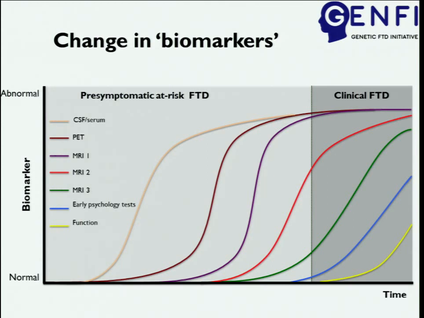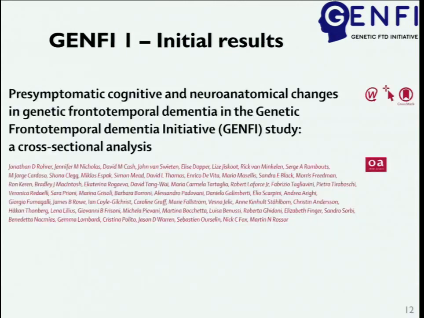The question is, if this is time, what is this time period? Is this time period 5 years? Is it 10 years? Is it 20 years? We know that people have a genetic abnormality from birth. So the question is, at what point are we going to start seeing these abnormalities? And that's the key goal of GENFI.